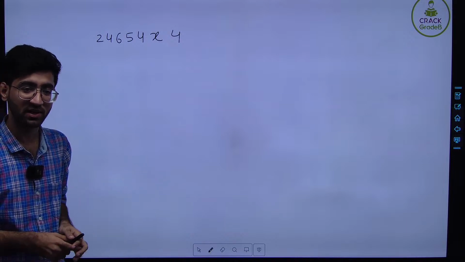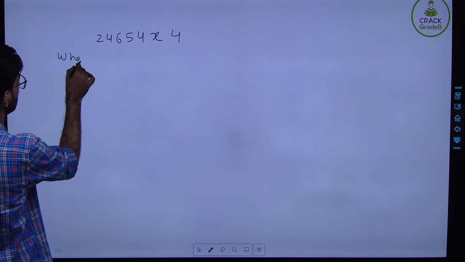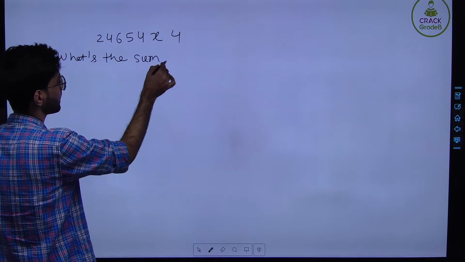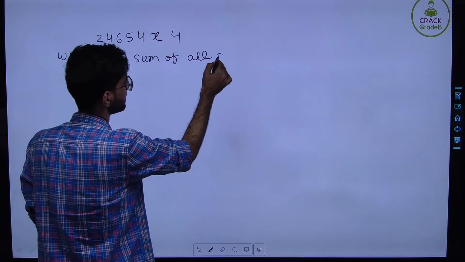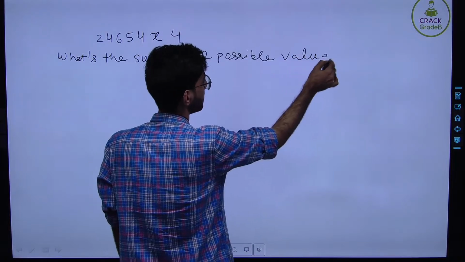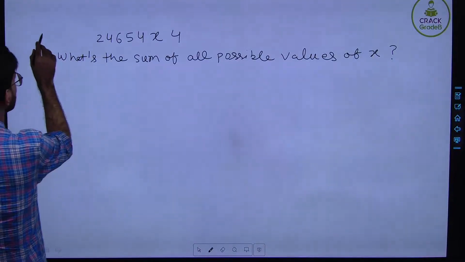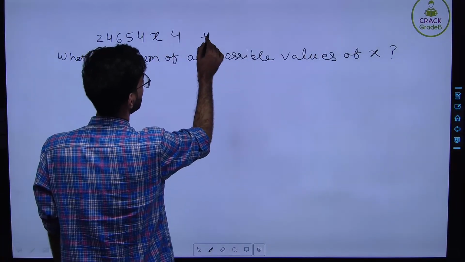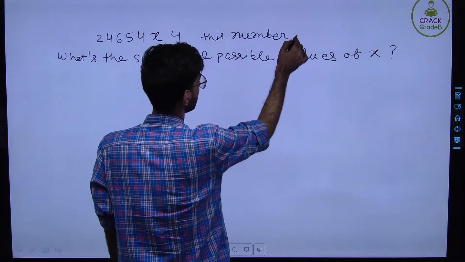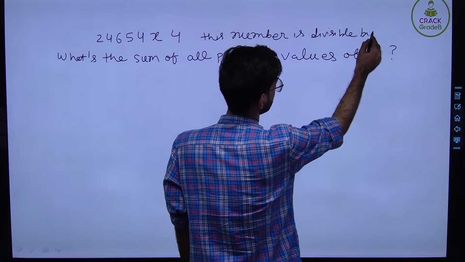So you have to answer what is the sum of all possible values of x. See, it has been given that there is a 7-digit number and this number is divisible by 2.